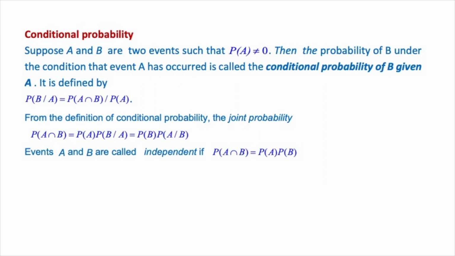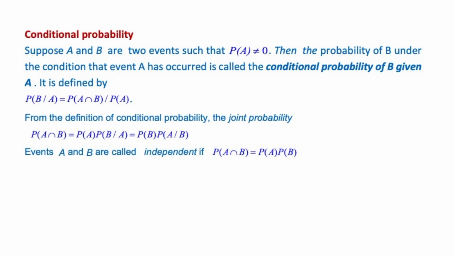From the definition of conditional probability, now we can find the joint probability. P(A intersection B) is equal to P(A) into P(B given A), and that is also equal to P(B) into P(A given B). Events A and B are called independent if P(A intersection B) is equal to P(A) into P(B).